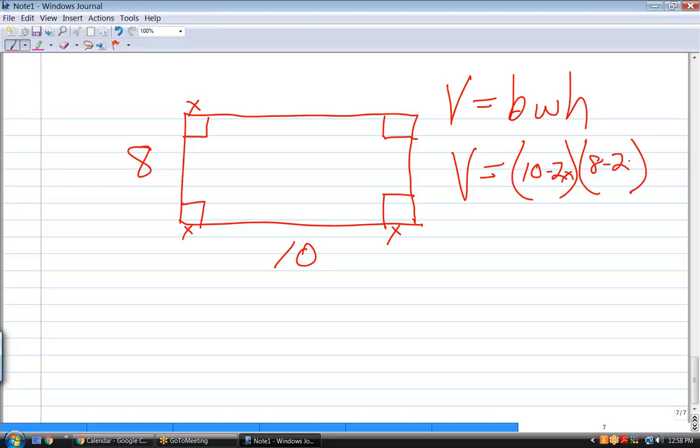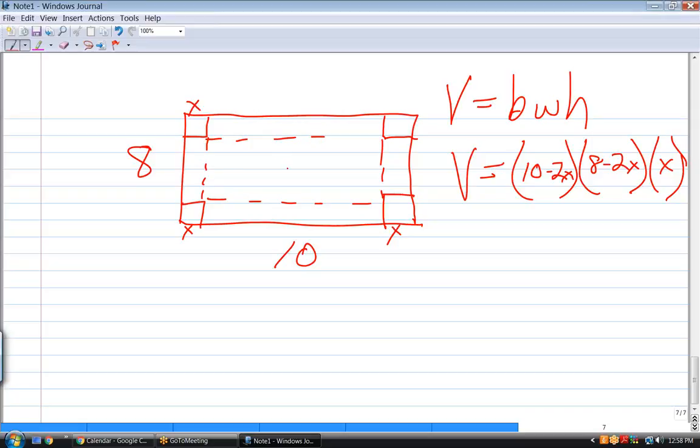And the height is what? Oh, just x. Yeah, you're going to fold it up on these dotted lines. So the base of our box is going to be the dotted line. And this side would be folded up, this side folded up, that side folded up, this side folded up. You end up with an open-topped box.